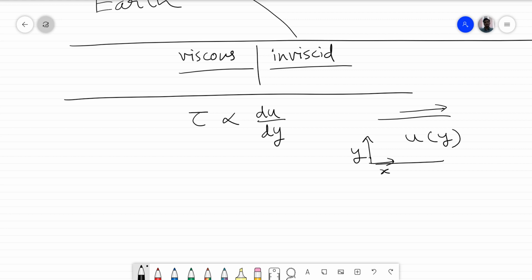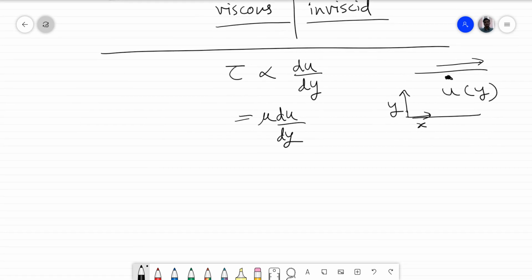Then the shear stress at any point is proportional to du by dy, and the proportionality constant is viscosity, tau equals mu du by dy. This is known as Newton's law of viscosity, and it is valid for many fluids like water, air, honey, and so on. All the Newtonian fluids, silicone oil, many oils also. It is not valid for, as the name suggests, non-Newtonian fluids.